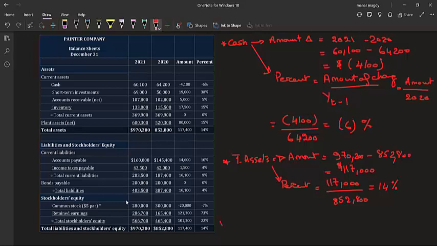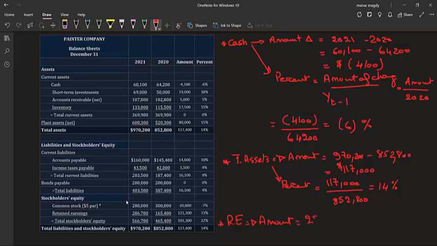Let's make another example here. Let's apply it to total retained earnings, because this is the biggest amount here. With retained earnings, if you would like to find the total amount of increase or decrease, is it increased or decreased? We just compare last year with this year.